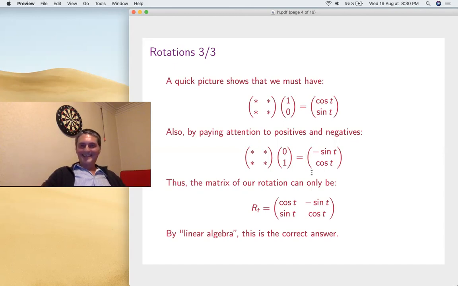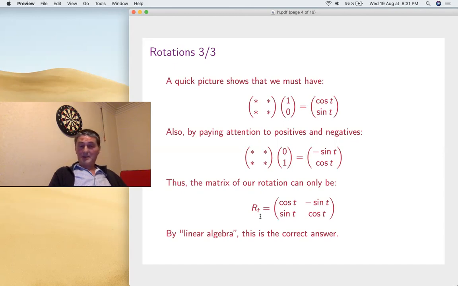I mean, this formula here gives you actually the first row of the matrix, so you just have to plug in this here and this here. I mean, if you think of it, that's the only way it can work. So our rotation, if there is a matrix for it, that should be the matrix. There's no other choice.